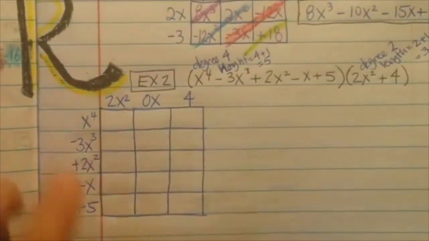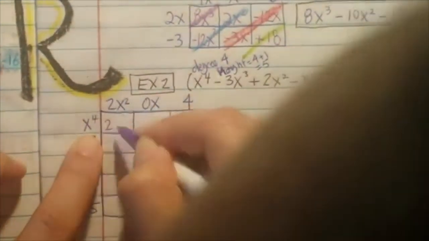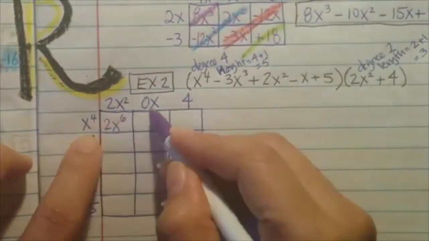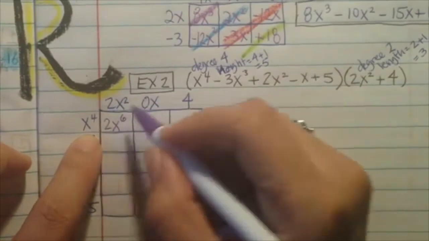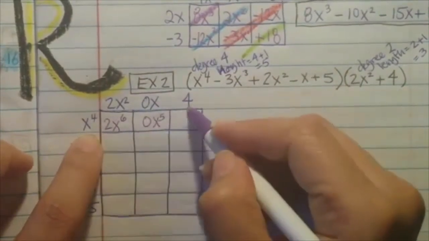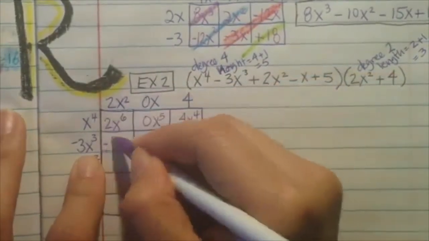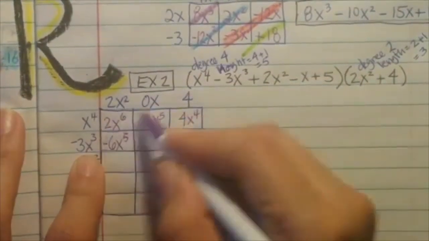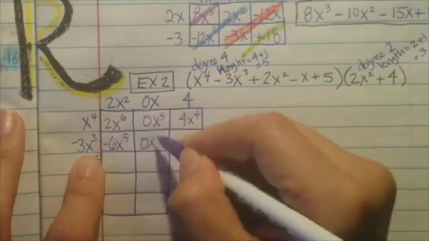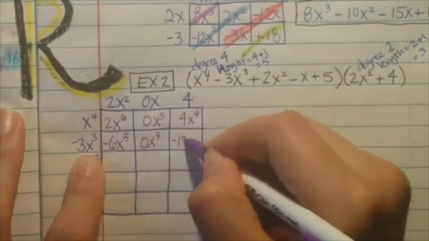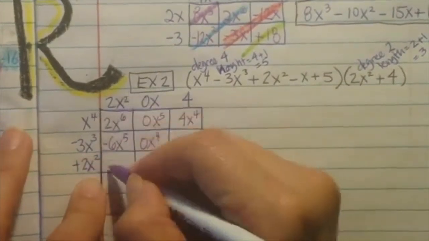Multiply, everything else is easy. The biggest thing is just going to be remembering the 0. Add the exponents, so it's the 6. Add the exponents, so to the 5, but it's 0, so it doesn't matter. And just 4x to the 4th power. Alright, so negative 6, and then add the exponents, so to the 5. Negative, well, 0, add the exponents to the 4, and then negative 12x cubed.